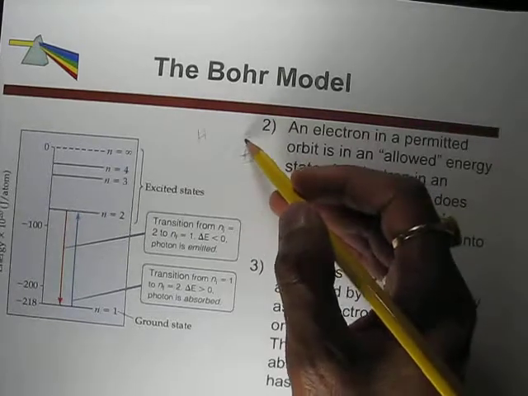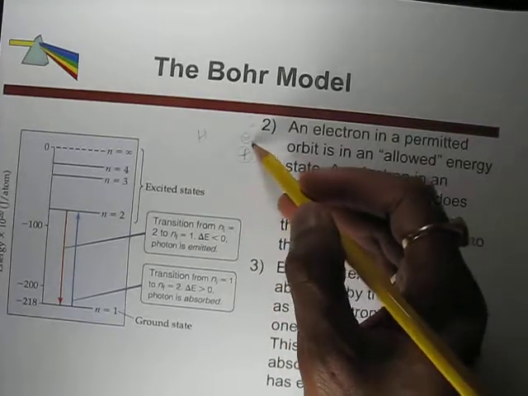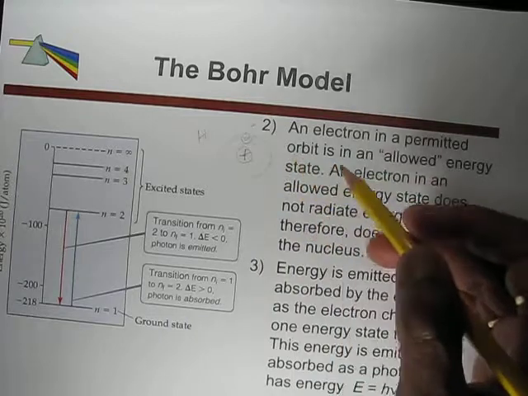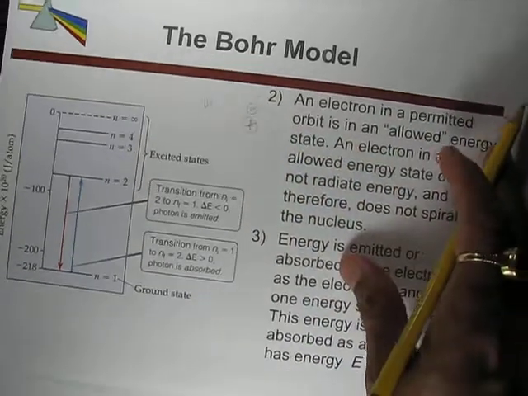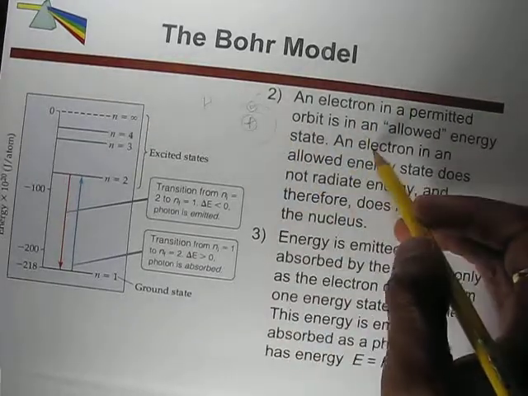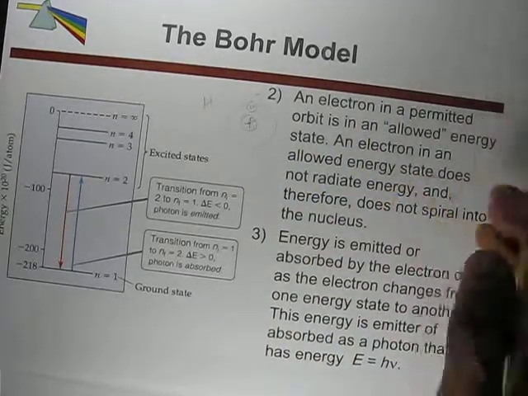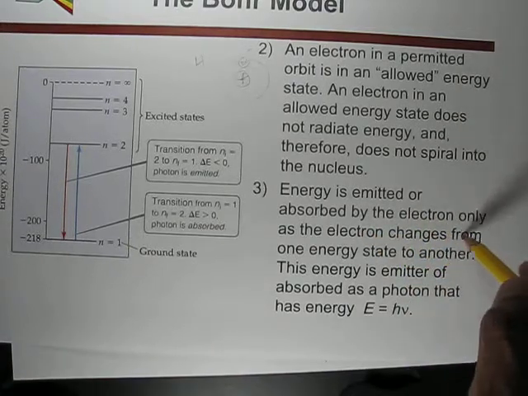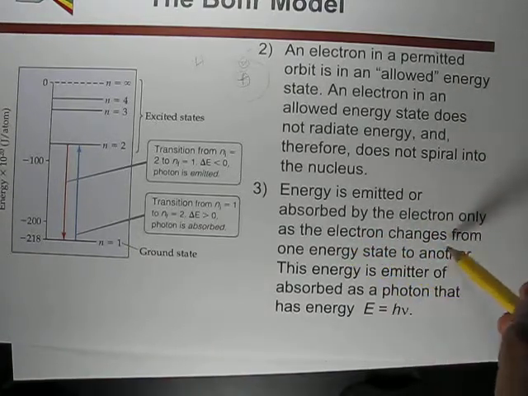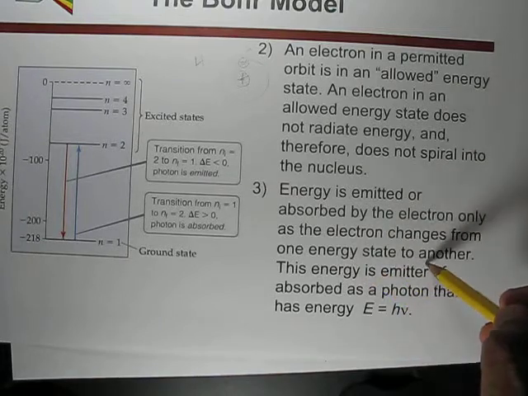If it kept losing energy, ultimately it would spiral into the nucleus. So they do not lose energy according to Niels Bohr, and energy is emitted or absorbed by the electron only as the electron changes from one energy state to another.